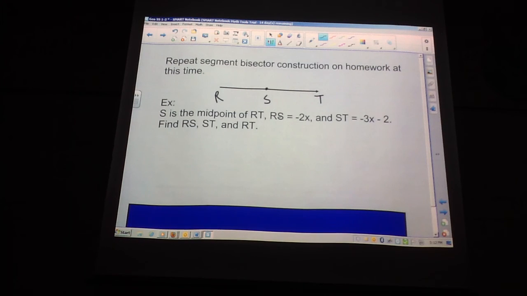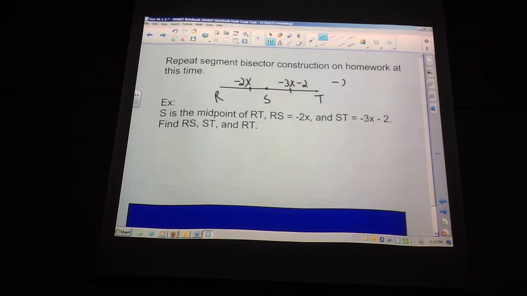Now, it tells us the length of RS is negative 2x, and the length of ST is negative 3x minus 2. And if that's the midpoint, I know that this part and this part of the segment are congruent. So the equation we can set up, if these two are congruent, means they're equal lengths.